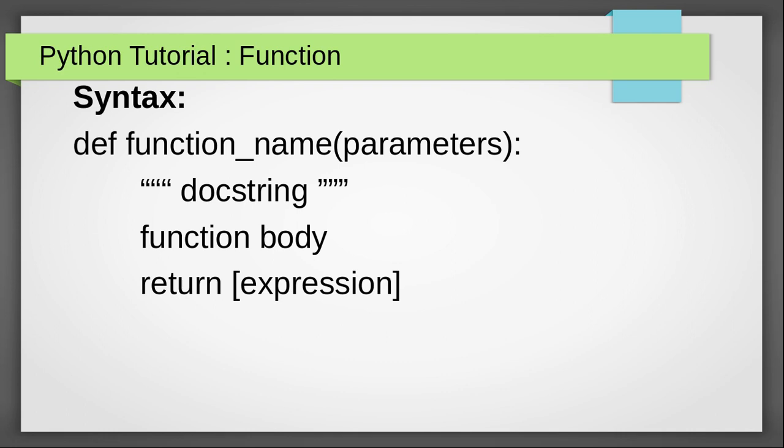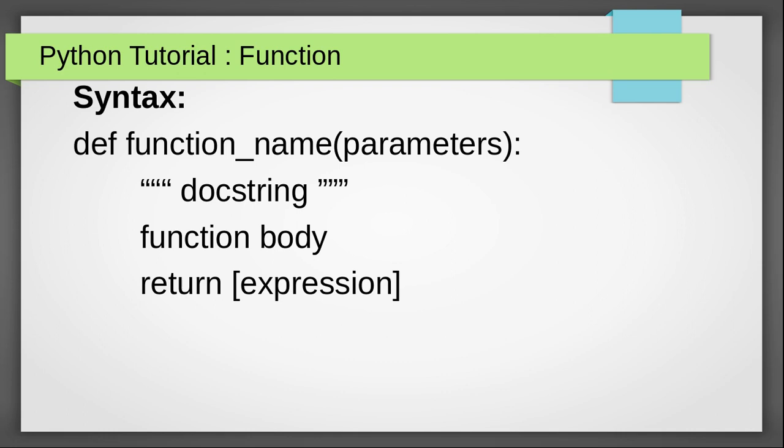Next, the function body contains the collection of statements to perform a specific task. And a return expression: sometimes we need to return a value from this function to another function. Again, return is optional. So this is the syntax of creating a function in Python.